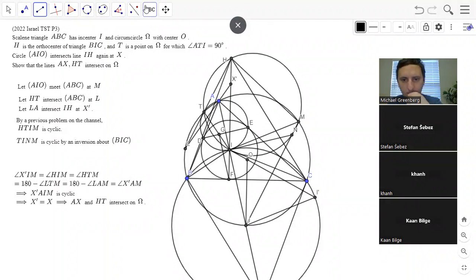The point of constructing point I prime like this is to prove the fact that angle IMH is actually equal to angle JOI prime.